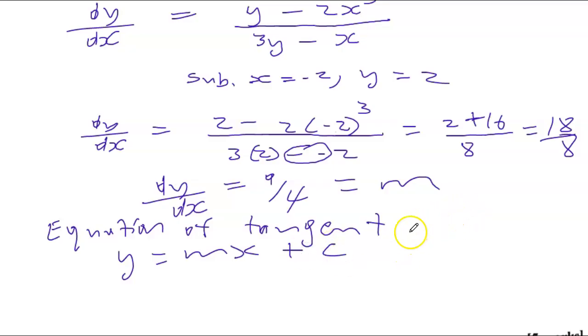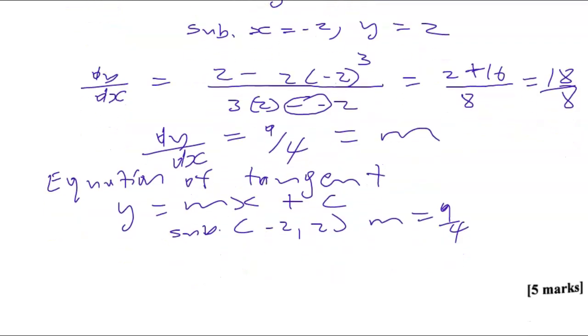And remember, the tangent passes through the point minus 2, 2. And we just found m to be 9 over 4. So we can substitute these values into y equal mx plus c to get a value for c. So replace y with 2. Replace m with 9 over 4.